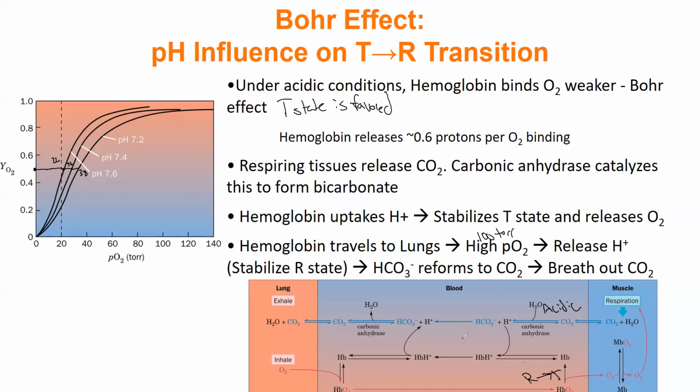Pick up that oxygen, go to respiring tissues, drop off oxygen, and so on and so forth. So that phenomenon of pH influencing hemoglobin is called the Bohr effect. And that diagram on the bottom there is the relevance of the Bohr effect inside your body.